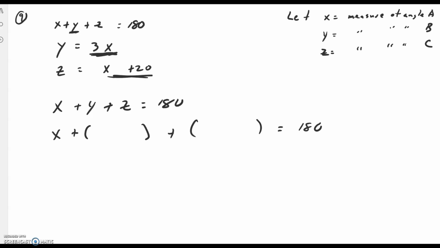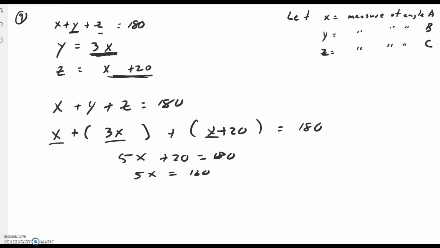So I have x plus what y is, plus what z is. I just noticed that I'm going to get an equation with one variable, x, and I like that. X plus 3x plus x is 5x, plus 20 equals 180. Subtracting 20 from both sides, I get 5x equals 160. Dividing both sides by 5, I get x equals 32.